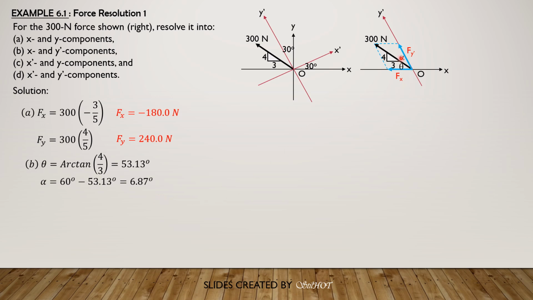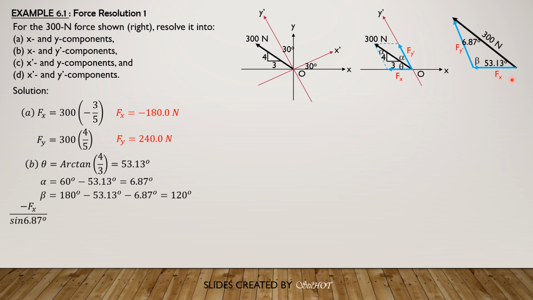Isolating this as a triangle, this remaining angle, let's call that beta. So beta is 180 degrees minus 53.13 degrees minus 6.87, so 120 degrees. Then let's apply the law of sines to solve for this component.